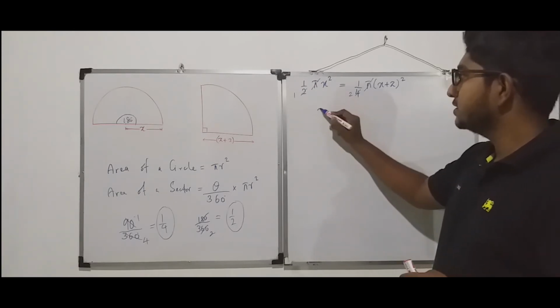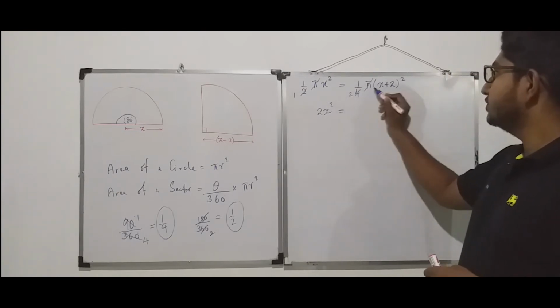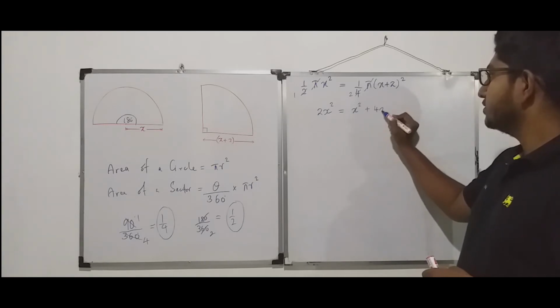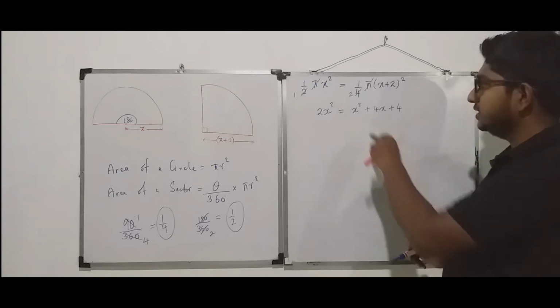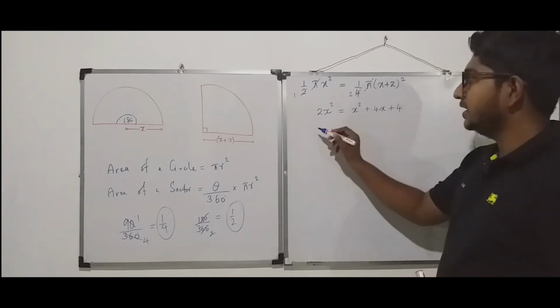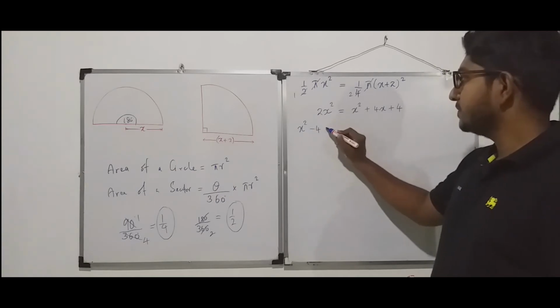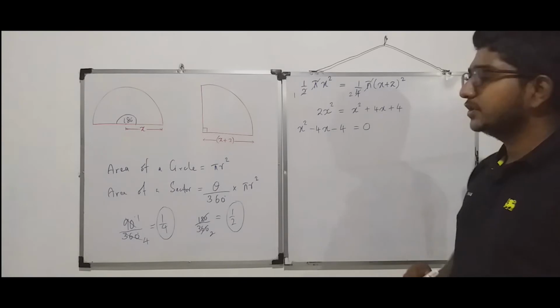Then this becomes 2x squared equals, here we have to expand, x squared plus 4x plus 4. Now shift these three terms to the other side and simplify. We get x squared minus 4x minus 4 equal to 0.